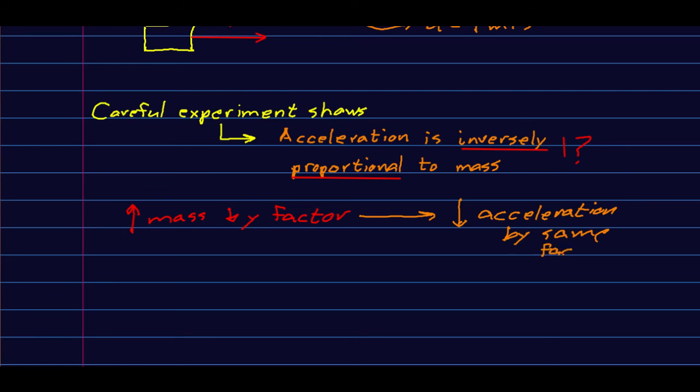So in other words, if you double the mass, then that means the acceleration is divided by 2. If you divide the mass by 3, then you triple the acceleration.